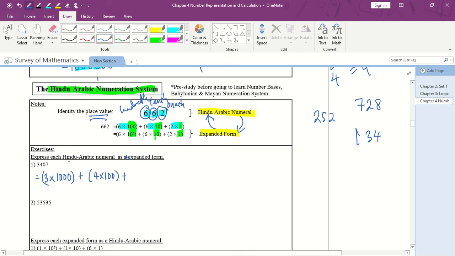However, 0 times 10 is 0, so we will not write it here. And here 7 times 1. So it is equal to 3000 plus 400. No, we're supposed to write in the exponential notation. So we will be writing it as 3 times 10 power of 3 plus 4 times 10 power of 2 plus 7 times 1. And that's it. That is what we need to do.